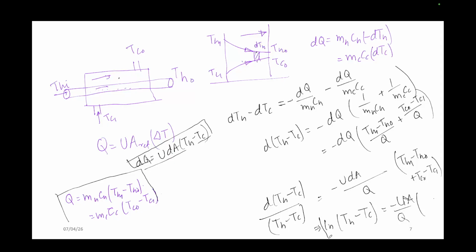Now this integration is from inlet to outlet. The initial value is inlet, so I take I, and this will be outlet, O, because I am not writing a constant here. Similarly, the total area is I to O. Our main motive is that for a given question, this is given.